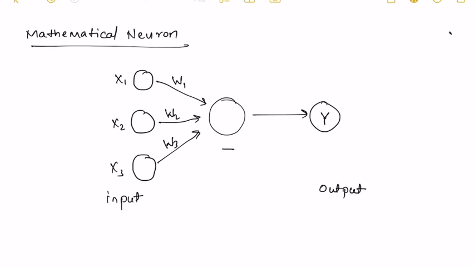So we have a summation of i goes from 1 to n, where n is the number of inputs. Here we see that n is equal to 3, but given any number of inputs, the summation goes over all of the inputs. Okay, so summation goes from i equal to 1 to n, and we multiply the weight with the value of the input which corresponds to it, and then we pass this value through an activation function.